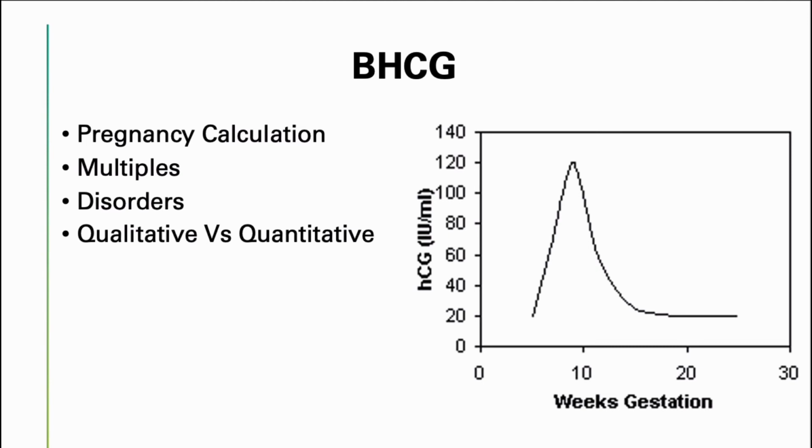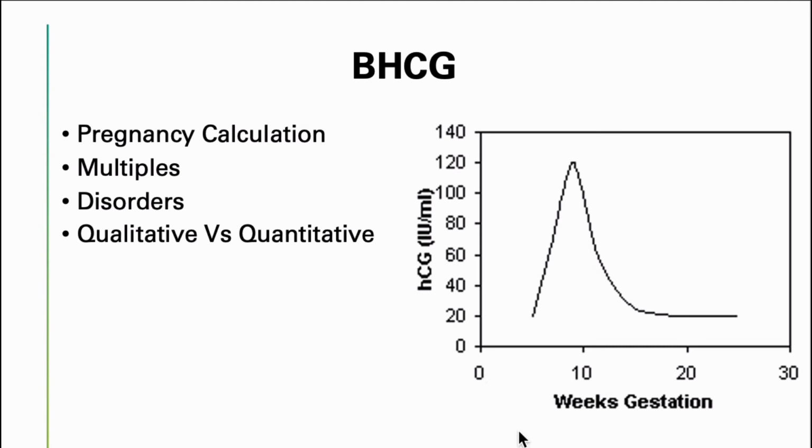That would be qualitative. Now, quantitative, this actually measures the amount of HCG that you have in your blood. Okay, so if you're doing a quantitative beta HCG test, it's going to be measuring the amount of HCG in your blood. And again, this quantitative test will tell you how far along in the pregnancy you are.